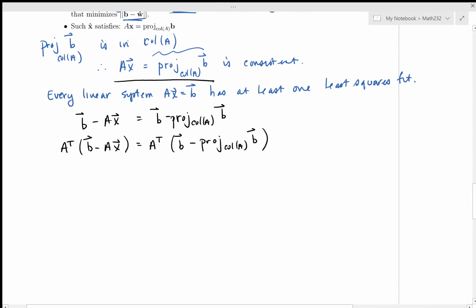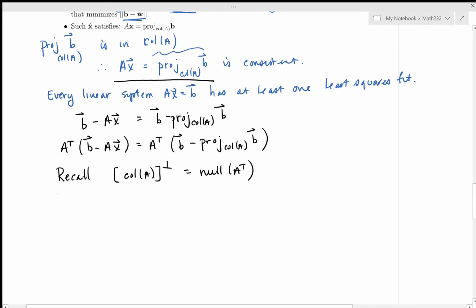Now, I'm going to recall that the orthogonal complement of the column space is the null space of the transpose.